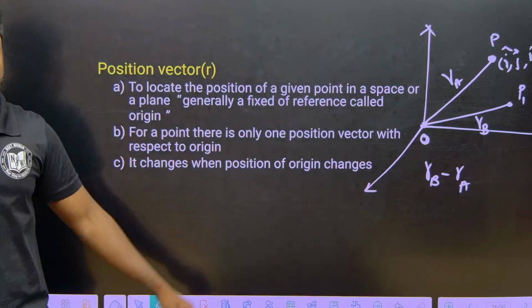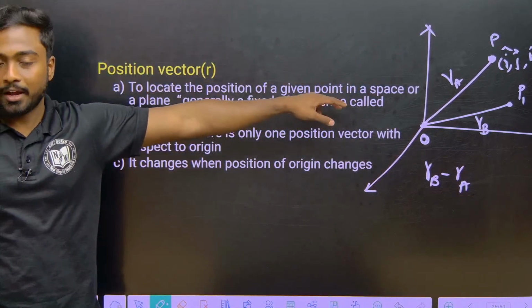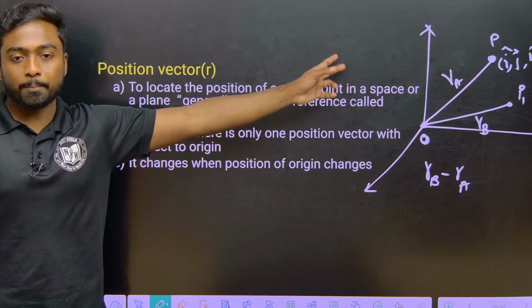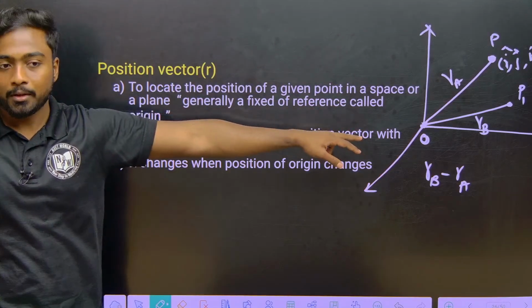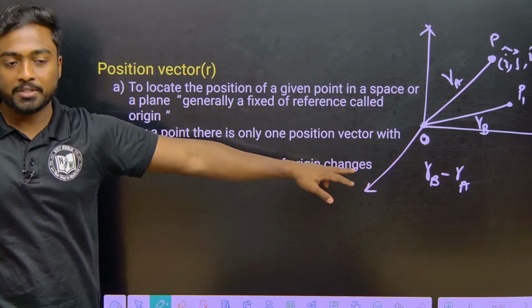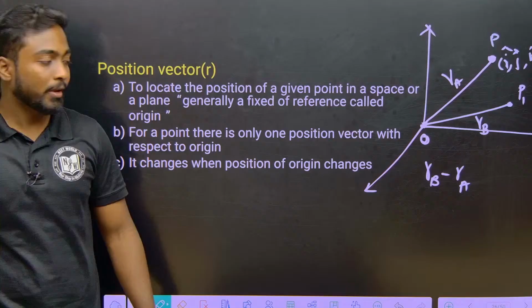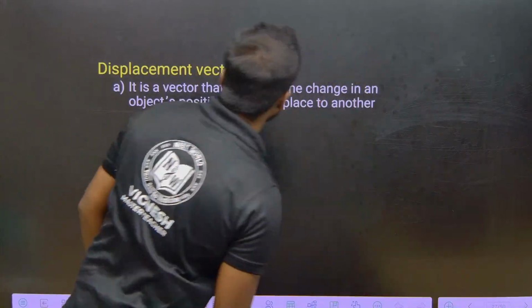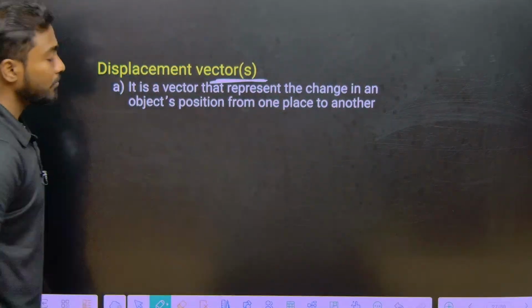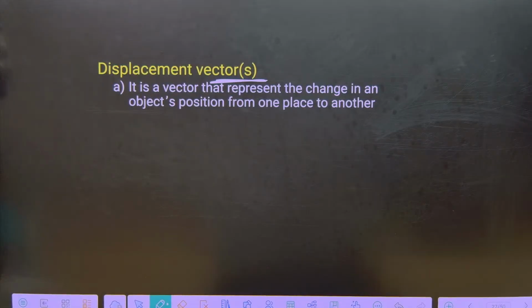Position is for one object I locate in the space. If I change my position, it becomes the second position of the object. So change in position is said to be the displacement of the object, which is denoted by the letter S. It is a vector that represents the change in object position from one place to another place.